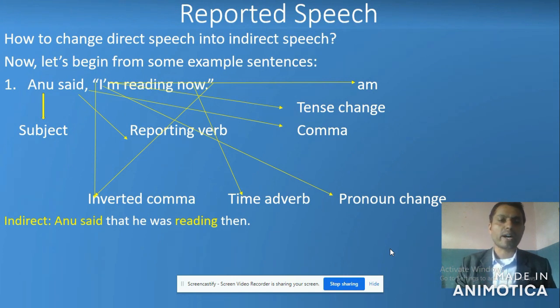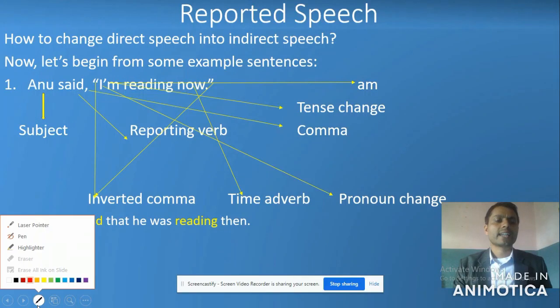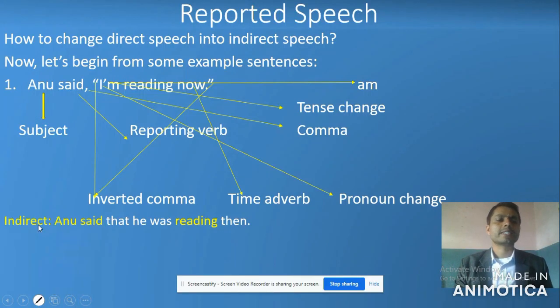Very first, number one: Anu said, "I'm reading now." This is the exact expression told by a speaker. Here, as we discussed, "I am reading now" is kept inside double inverted commas.